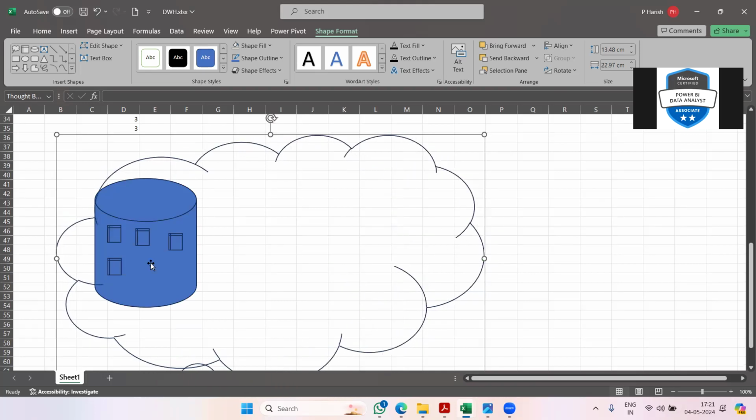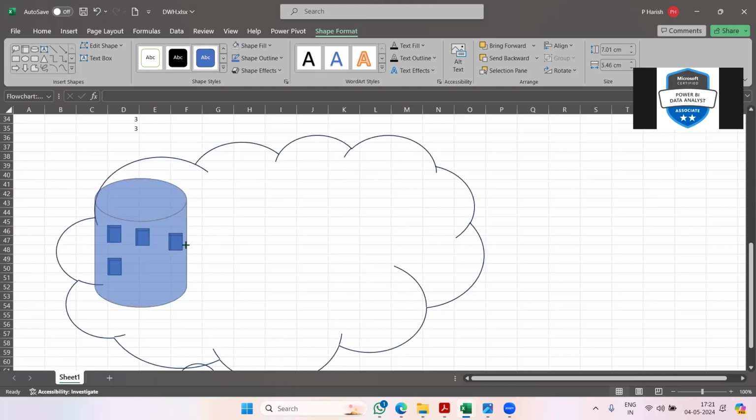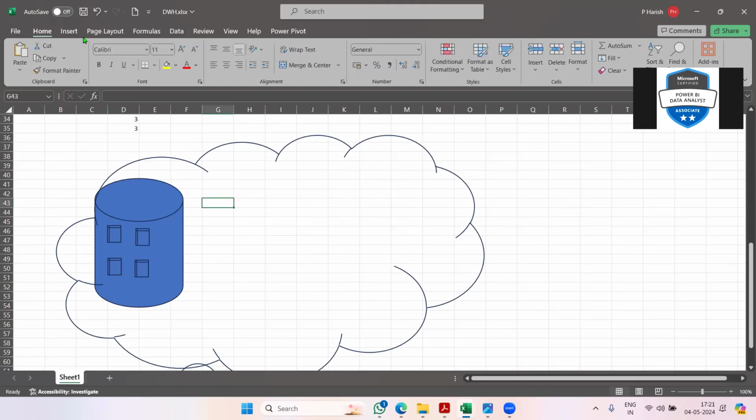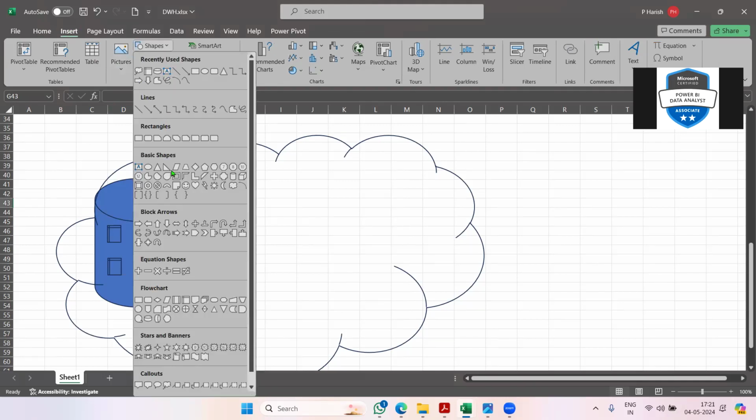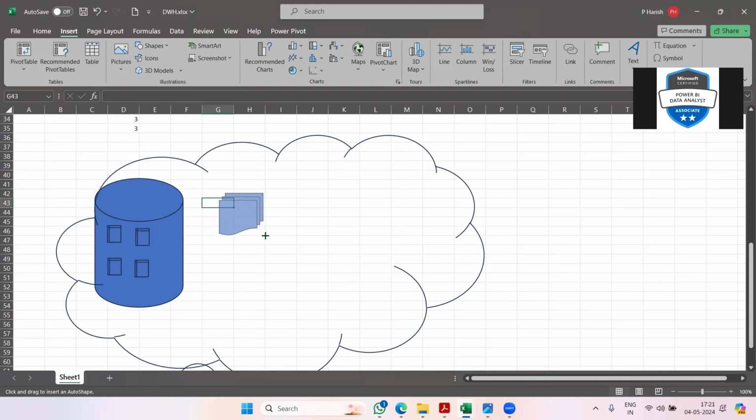Now in this cloud, along with the databases, the cloud has the capability to store individual files. This is the representation of files.